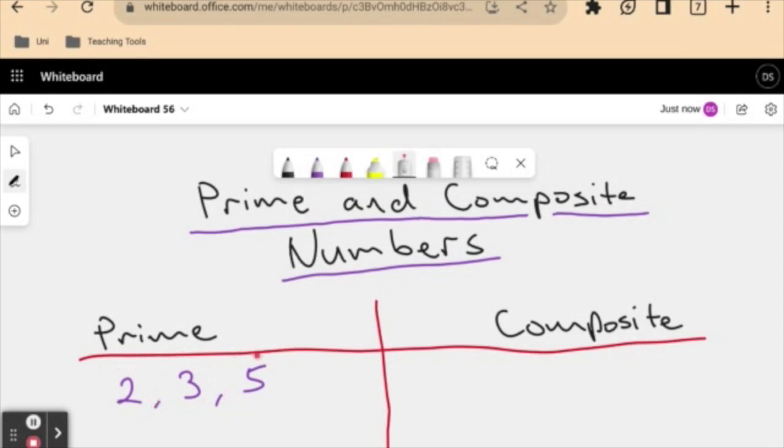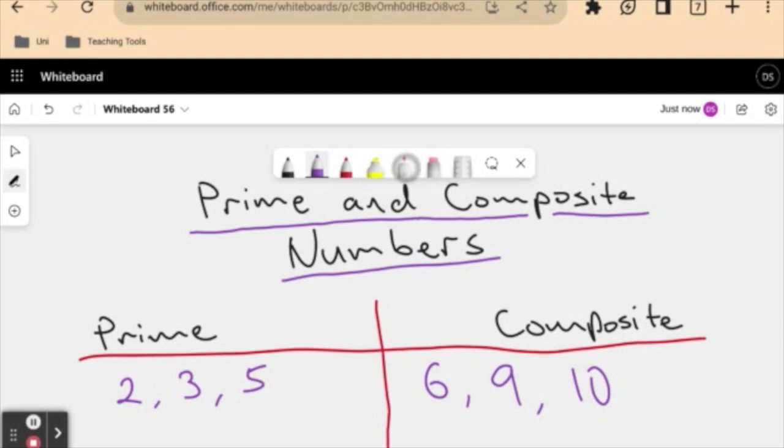Now, composite numbers. When you look at the word composite, to me it sounds like the word composed. When we say something is composed of certain things, it's made up of things. With composite numbers, we are looking for numbers that are composed of other numbers. A couple of examples here are 6, 9, and 10.